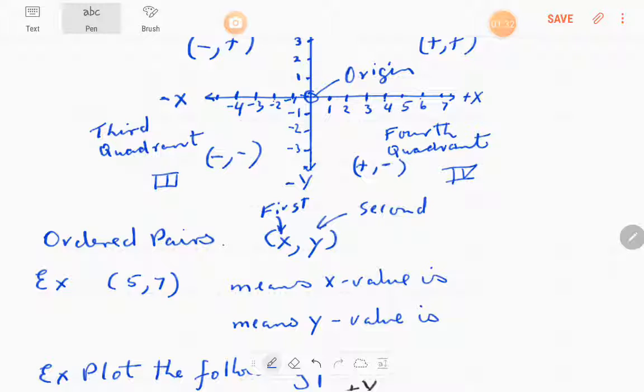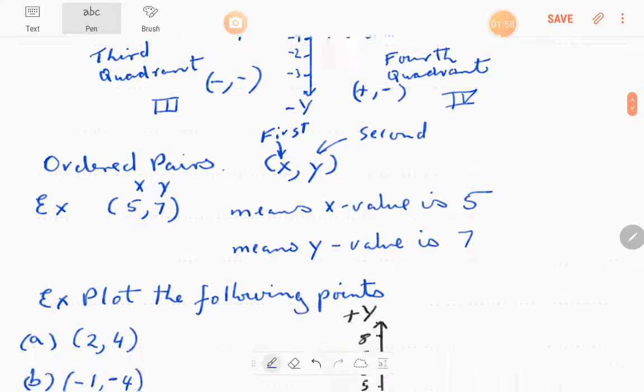So for example, if we have the ordered pair 5 and 7, this means that the x value is 5 and the y value is 7. Okay, so this is the x value, this is the y value. X value always comes first.